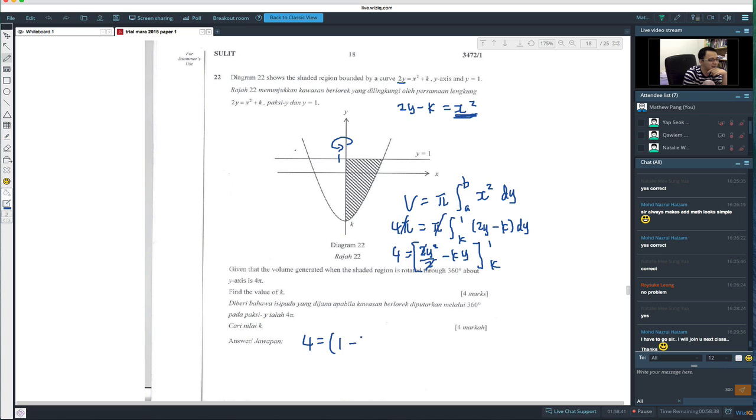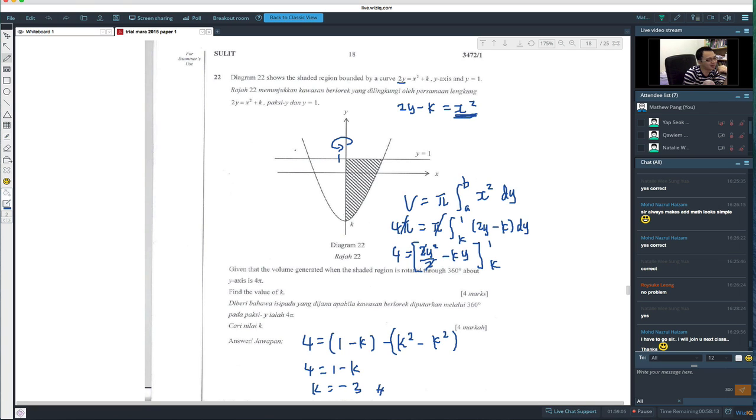It is 1 minus k. Minus, yeah, I substitute k into here. It will be k squared minus k squared. Why so weird? k squared minus k squared. Okay, that's k squared minus k squared, so k squared minus k squared is 0. So I left 4 equals 1 minus k. k equals negative 3.